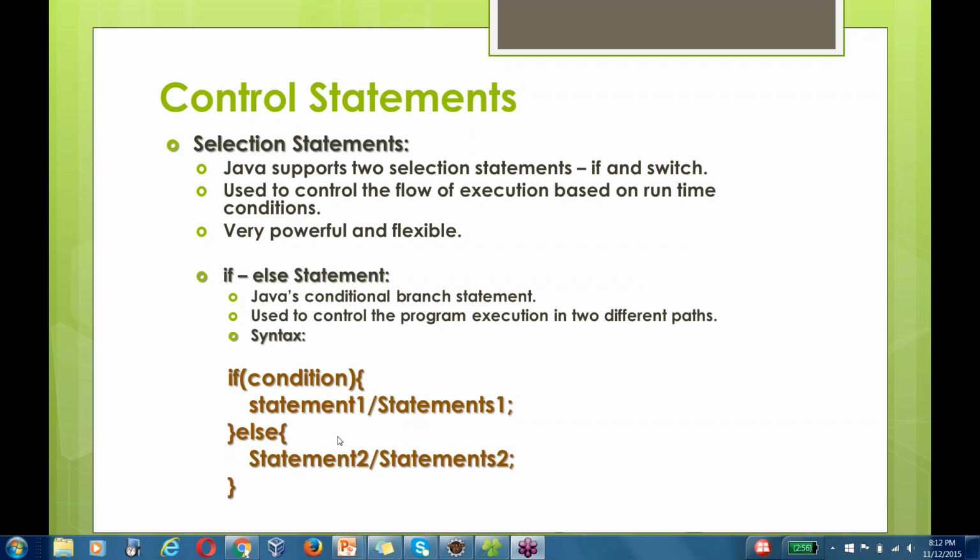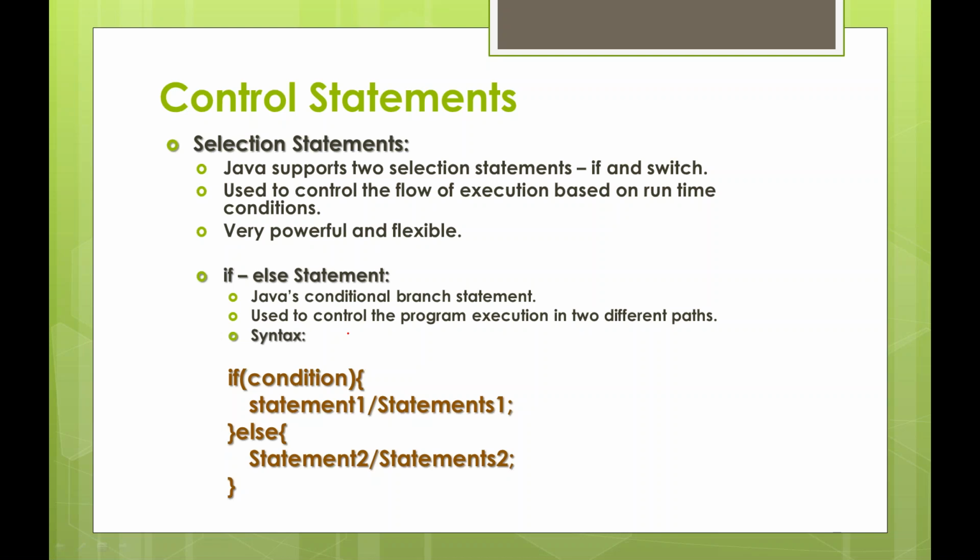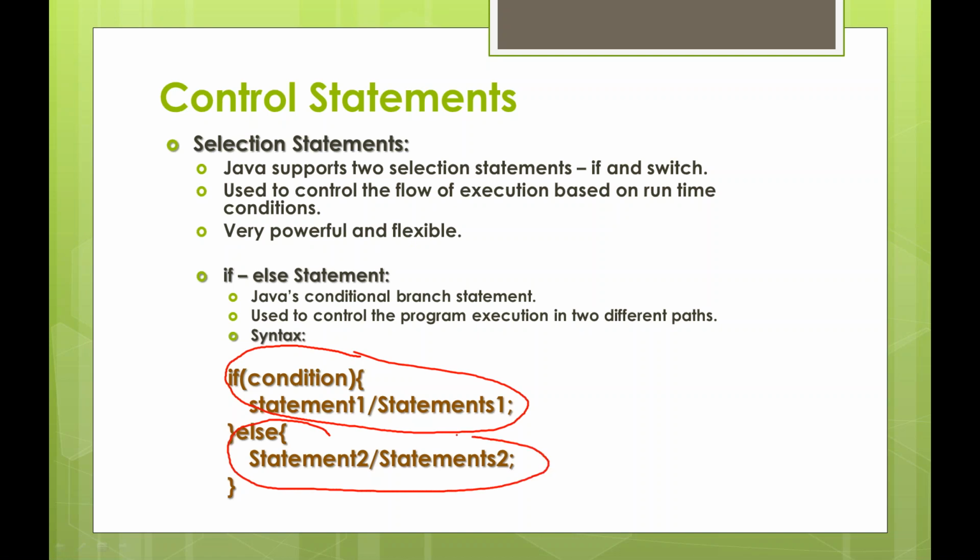So what are the two different paths that we are talking about here? One is this particular set of path, and another one is this else path.